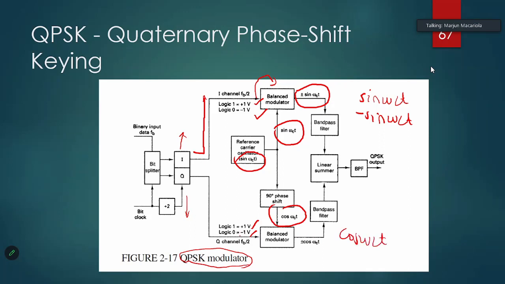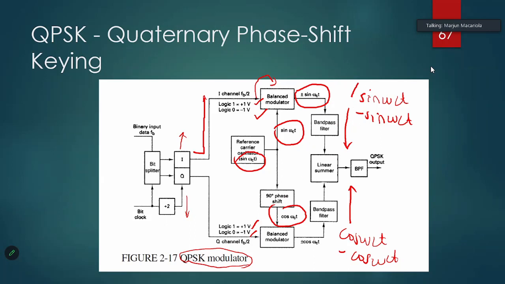Kapag negative 1 naman ang ating input, so this will be negative cosine omega ct. Next, kapag pumasok po, pag nag-output tayo, okay? So, ang output po natin dito, for example, ay sin omega ct. Okay?